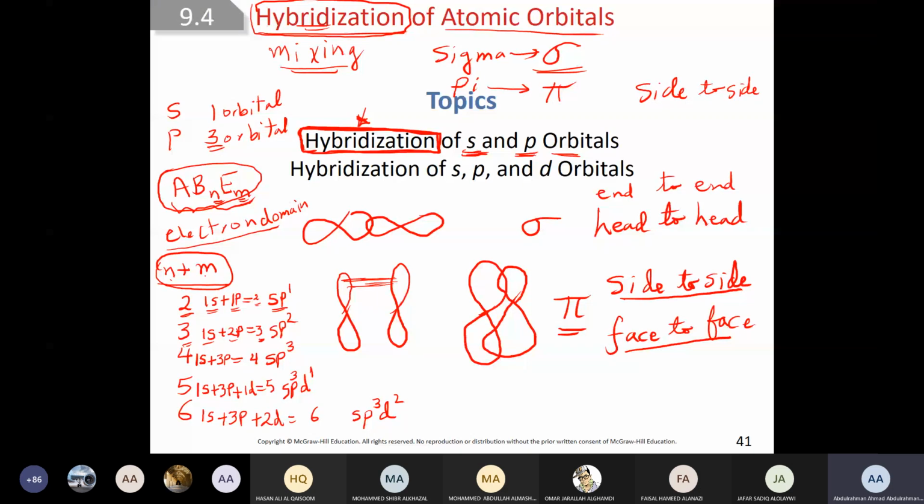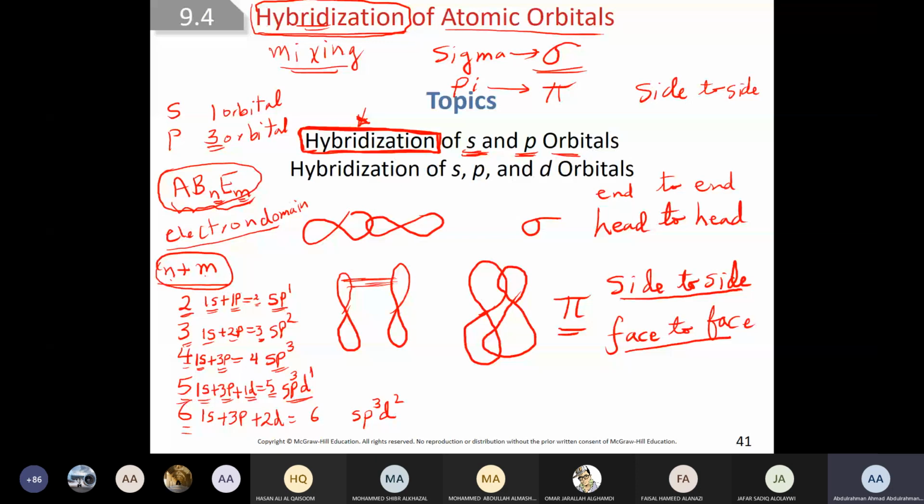If it's 4, 1s mixes with 3p to make sp3 orbitals. If we have 5, 1s mixes with 3p and 1d to make 5 sp3d1 orbitals. And if we have 6, we have this mixing. I hope this is clear.